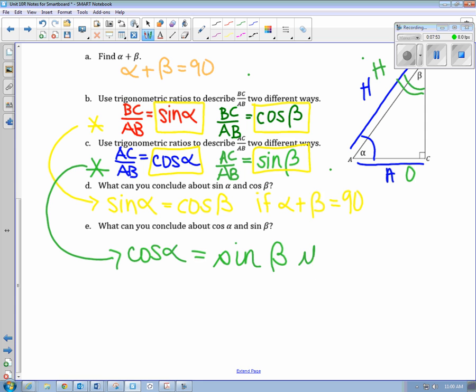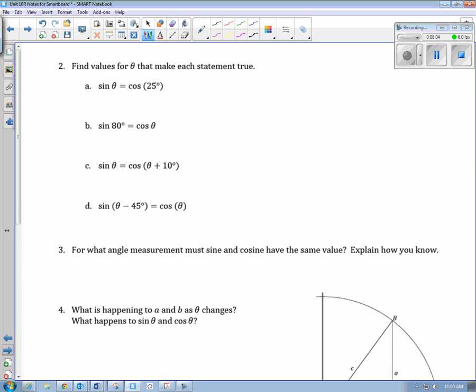And again, that is if we know that alpha plus beta is equal to 90 degrees. So that being said, if we're looking at examples in number 2, we are allowed to say that these sine and cosine values are equal if we know that our alpha plus our beta is equal to 90 degrees.